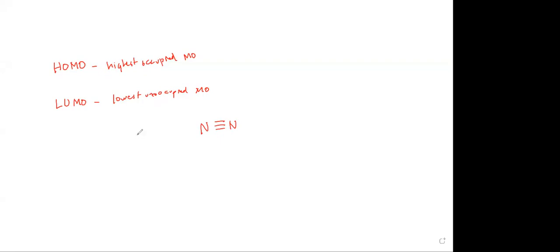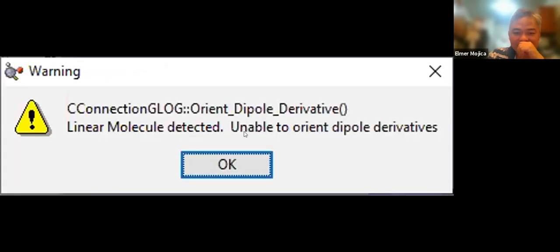Kasi if you look at the nitrogen, does it have a dipole moment? May dipole moment ba ang nitrogen? And I'm going to show you the results of the calculation. So merong message doon na sinasabi, linear molecule detected, unable to orient dipole derivatives.